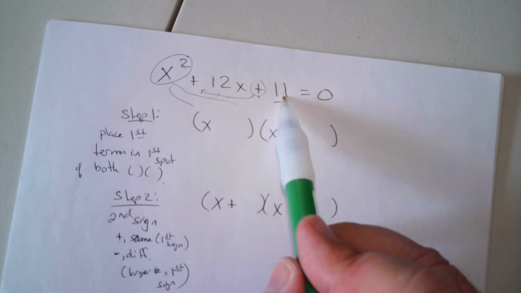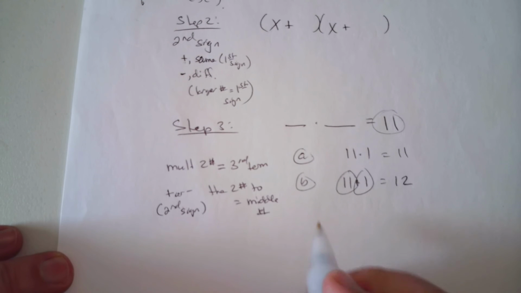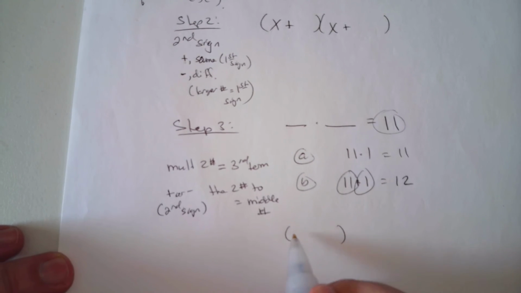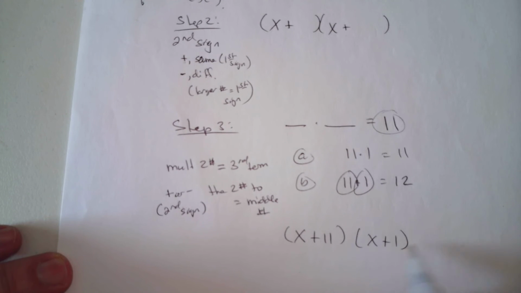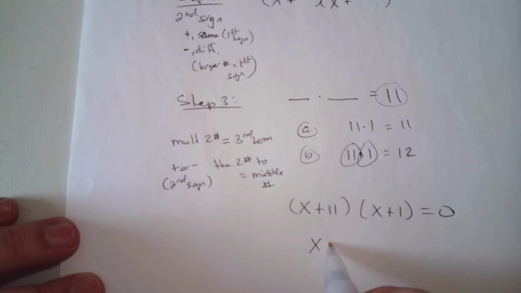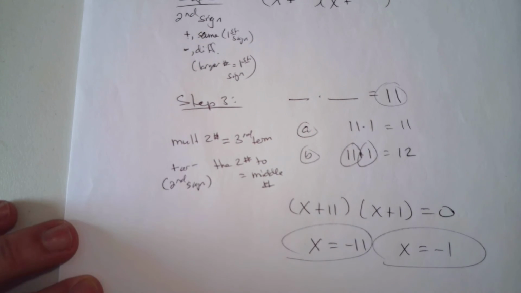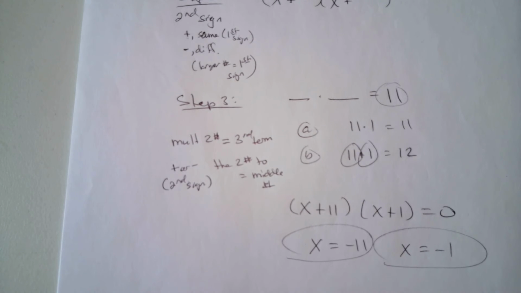So what times what is 11? When you add them, it equals 12. So we have (x plus 11)(x plus 1), so our answers are negative 11, negative 1.